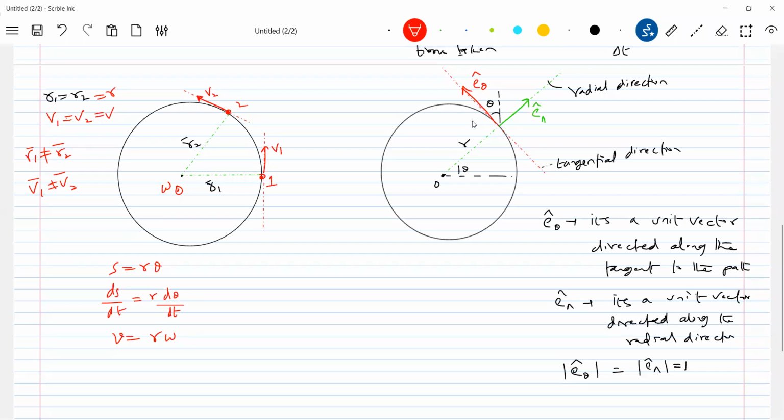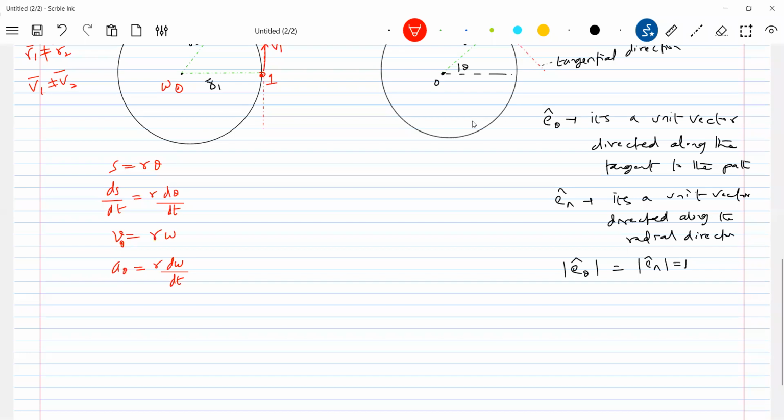If I differentiate again, I'll get the tangential acceleration, a theta, which is equal to r d omega by dt. Further, what is d omega by dt?